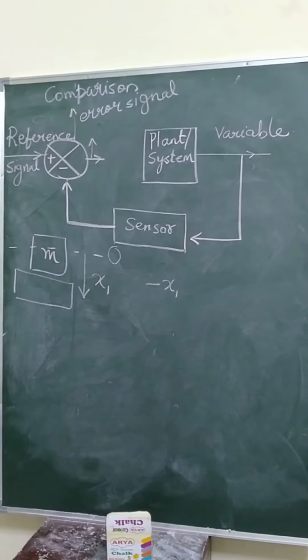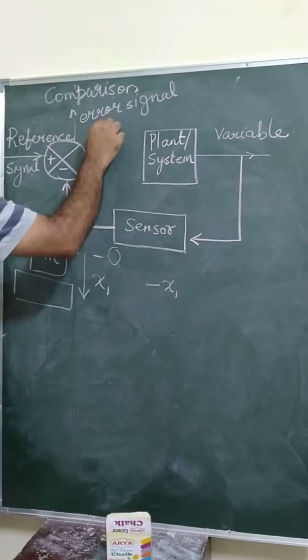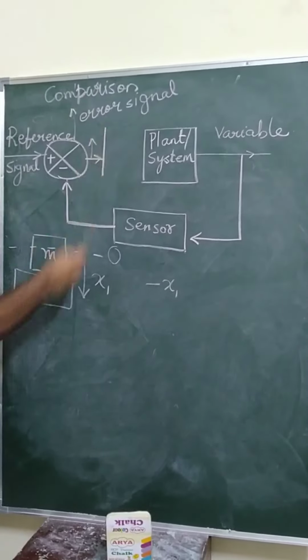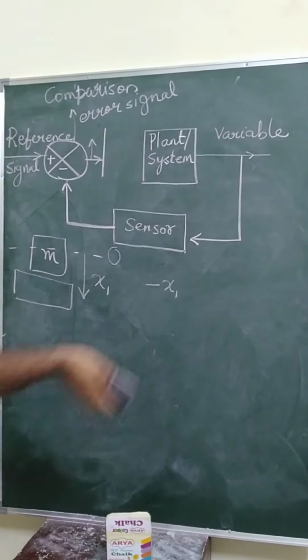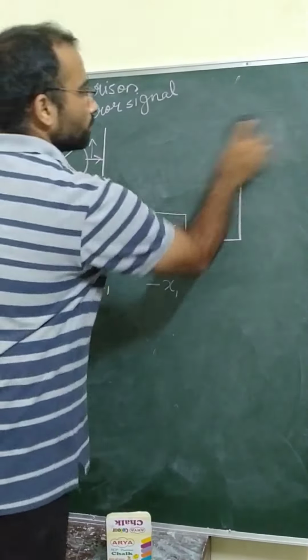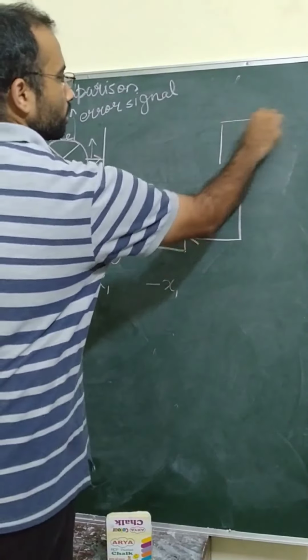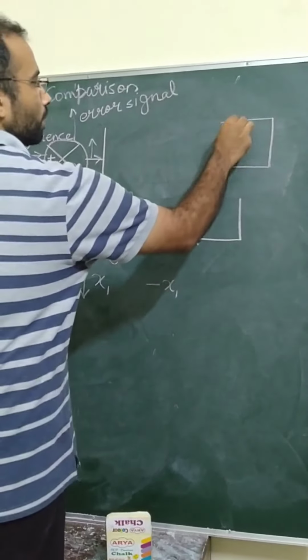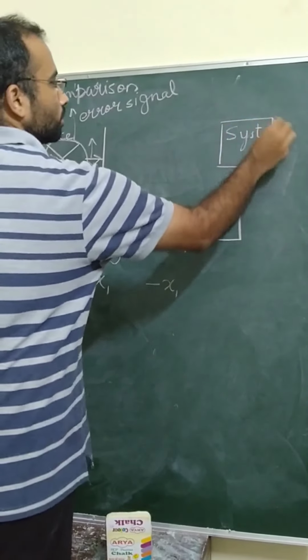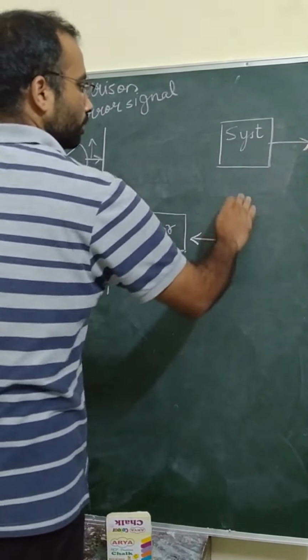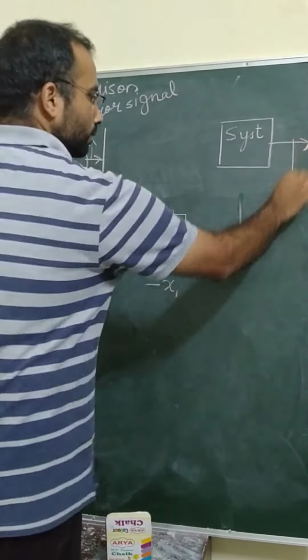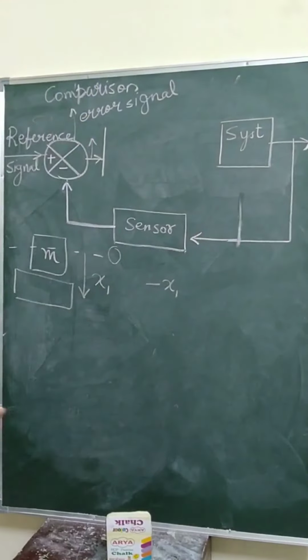Now your controller block comes here. Pardon me, I think I'll have to drop it because I have less space here. So my system or plant was here. This was the output, and this was the sensed state.